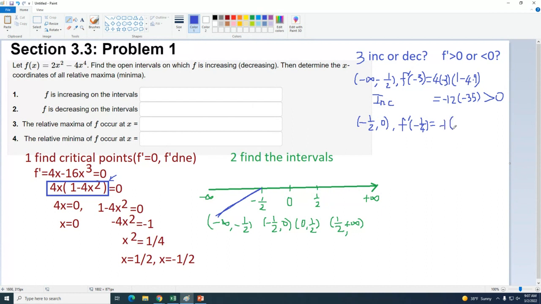So it's negative 1 times 1 minus 4 times 1/16, which is 1/4. You can see it's negative 3/4, which is definitely negative. You can also use your calculator, of course. Because it's negative, we know it's decreasing.